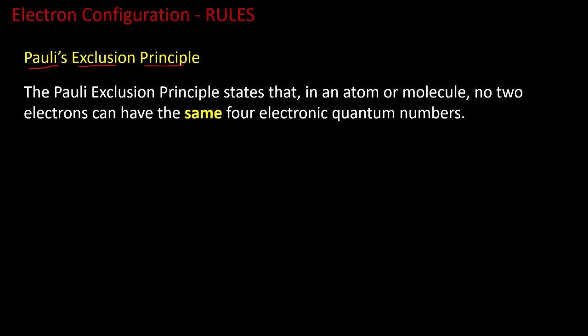It states that in an atom or a molecule, we cannot find any two electrons having the same 4 electronic quantum numbers. If by chance you see the principal quantum number and everything else the same, at least one quantum number, which happens to be the spin quantum number, will be different.